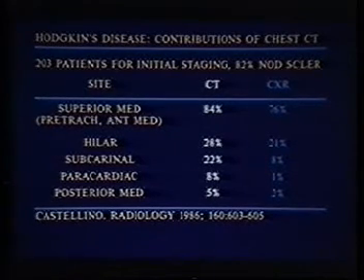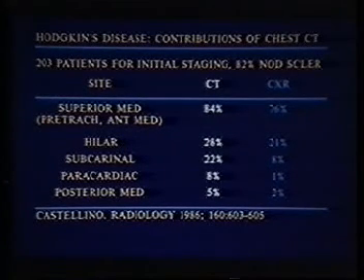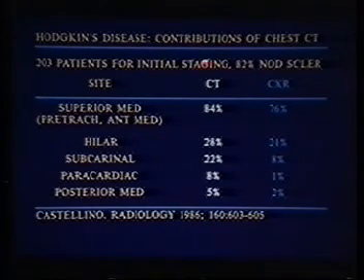These are results from a study published by Ron Castellino regarding the distribution of lymphadenopathy in patients with Hodgkin's disease who are presenting for their initial staging. In his study, he looked at 200 patients, and about 80% were nodular sclerosing Hodgkin's. Superior mediastinal nodes, and by that he means pretracheal or anterior mediastinal nodes, were involved in about 85% as seen on CT.